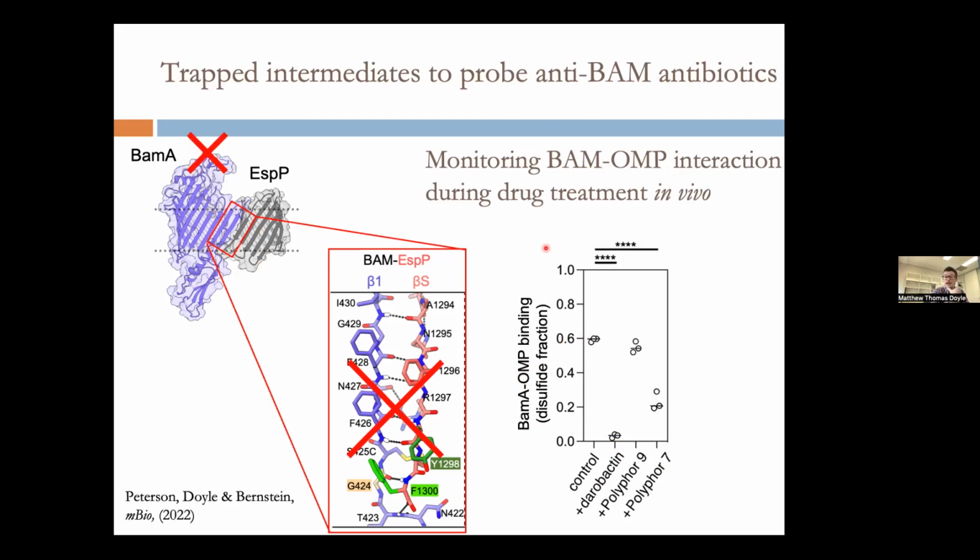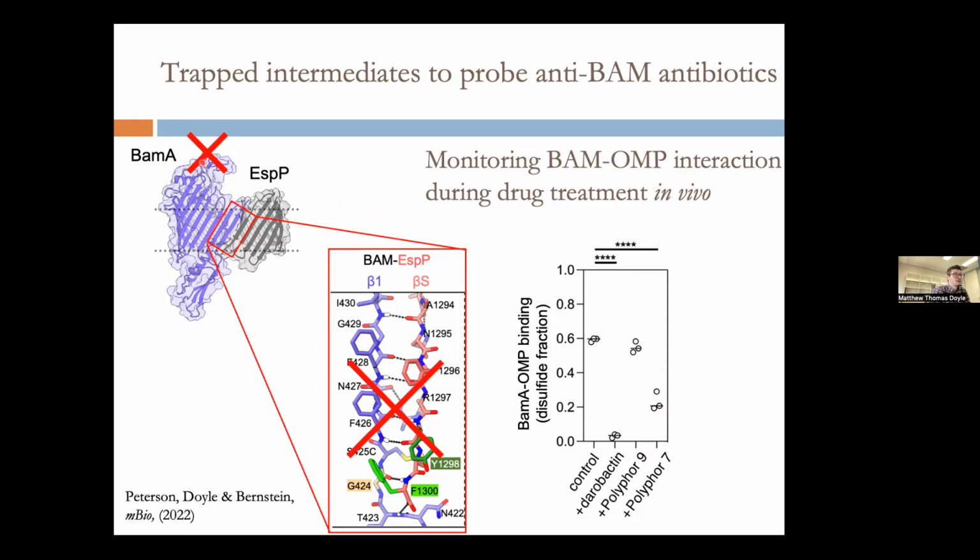You can take other antibiotics that were postulated, this one in polymyxin was postulated to bind to the surface of BAM-A. Nevertheless, in our experiment, we were able to see that binding down here to the substrate was highly inhibited. So perhaps now we have allosteric inhibition.